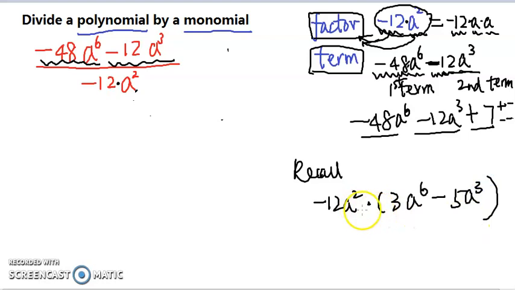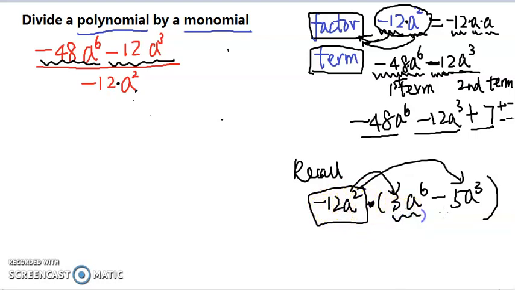We will distribute this to what's inside the parentheses. When we do multiplication, that means we multiply the term on the front, negative 12a squared, with both terms in the parentheses.